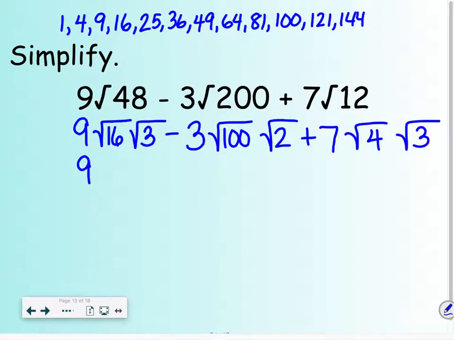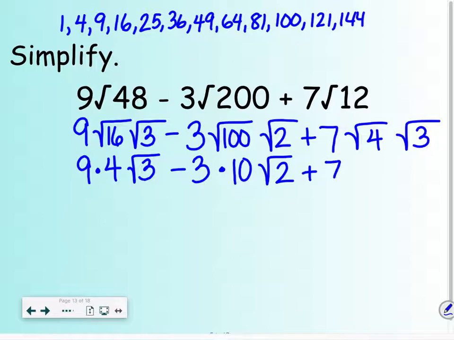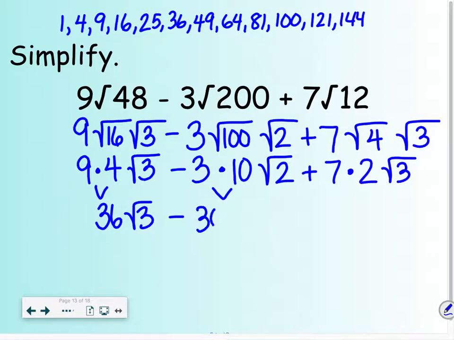So 9 times 4, square root of 16 is 4. 3 times 10, square root of 100 is 10. And 7 times 2, the square root of 4 is 2. So 36 square root of 3 minus 30 square root of 2 plus 14 square root of 3. So again, 2 like terms on this one.